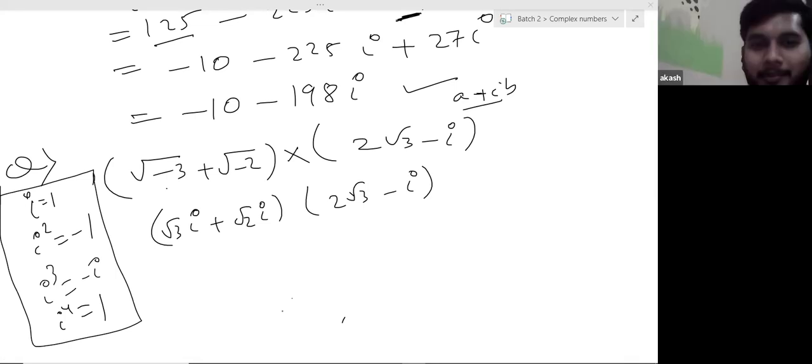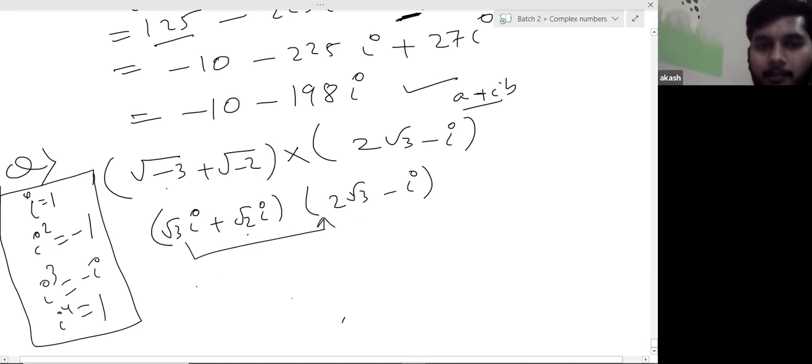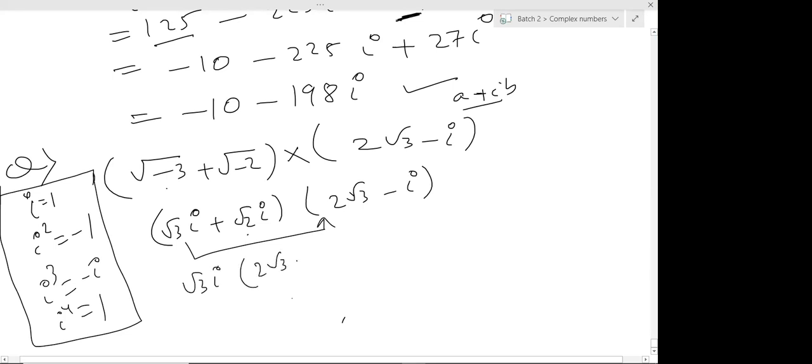What is the distributive property? This is a plus b into c. Sir, like root 3i into 2 root 3 and then minus the i. Absolutely right.